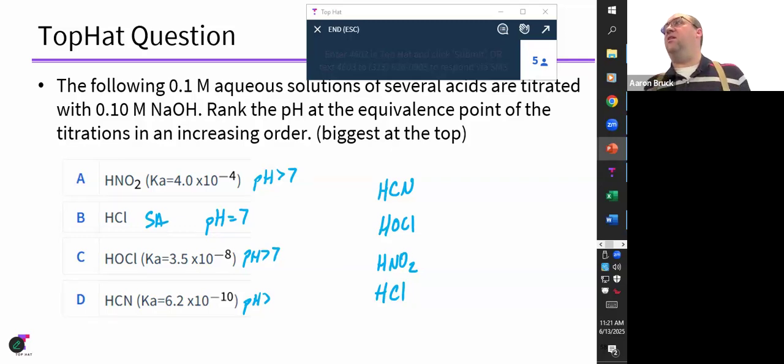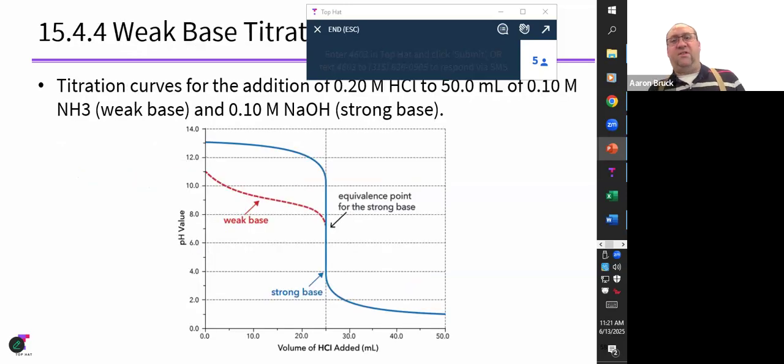Any questions with the theory here? Okay, so before we completely put this away, every example that we've done thus far has been weak acid in the flask, strong base being titrated into it. What we have to understand is that the reverse is possible as well.